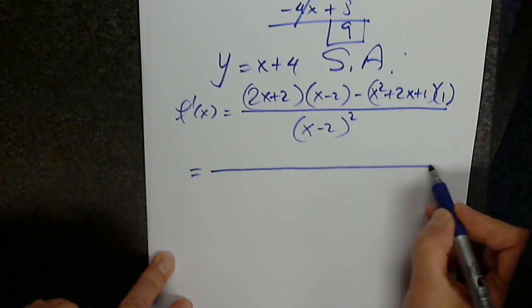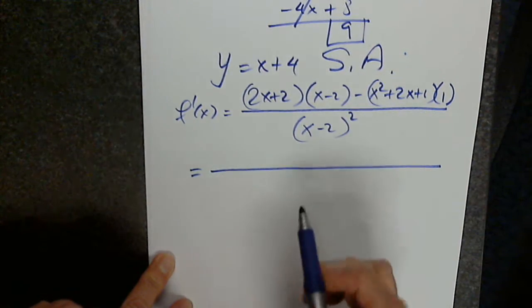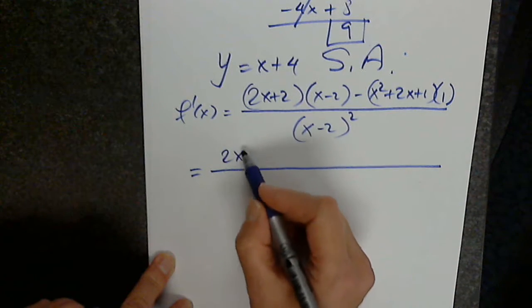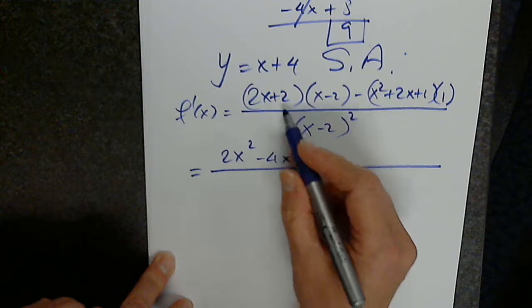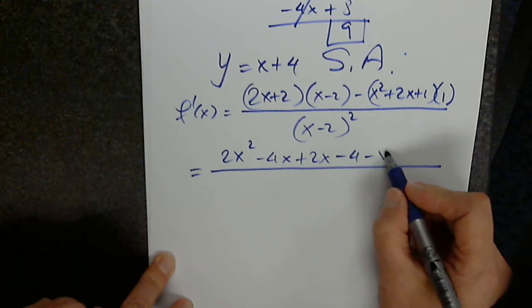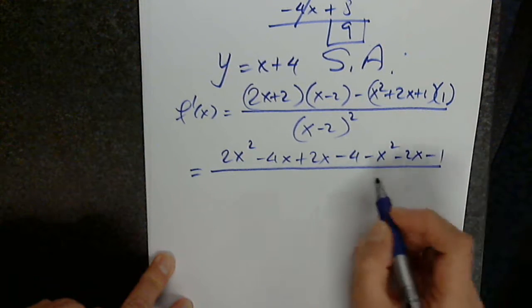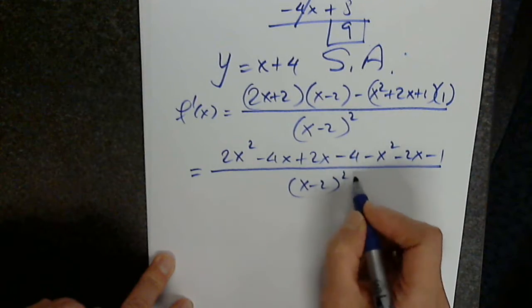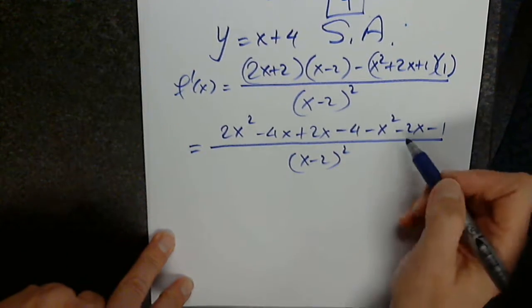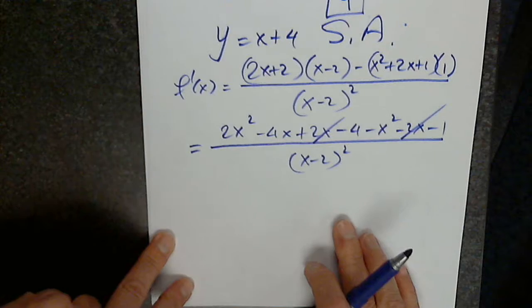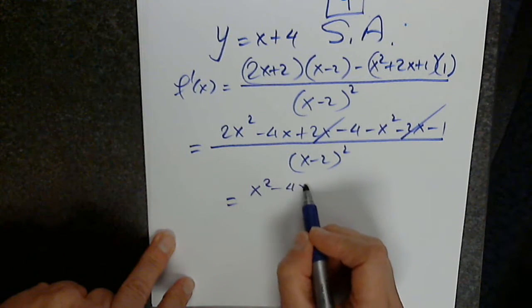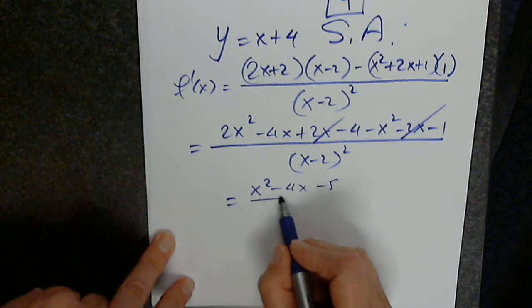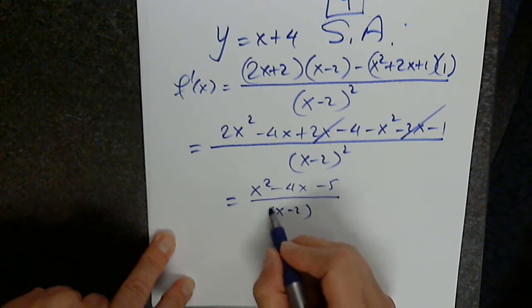Okay. 2x times x, 2x squared, minus 4x, plus 2x, minus 4, minus x squared, minus 2x, minus 1. And I bet nothing cancels. Oh. Okay. So this is x squared minus 4x minus 5, over x minus 2 squared.